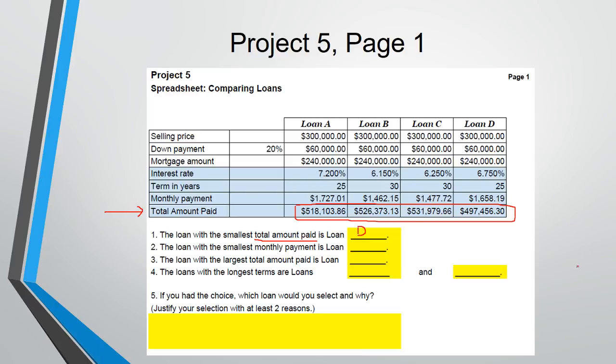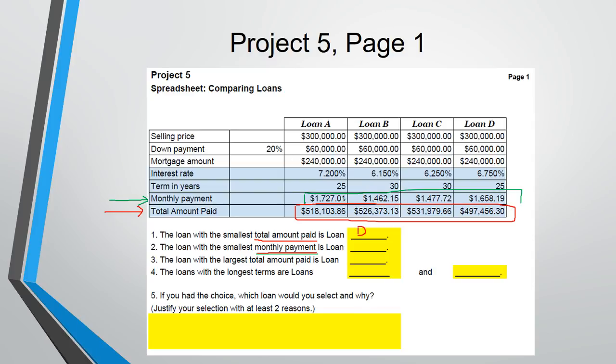Next question says the loan with the smallest monthly payment is blank. So we're looking for monthly payment. This time, we're going to take a look at this row right here. The monthly payment is the green one. We take a look at these four numbers. Which one is the smallest one?